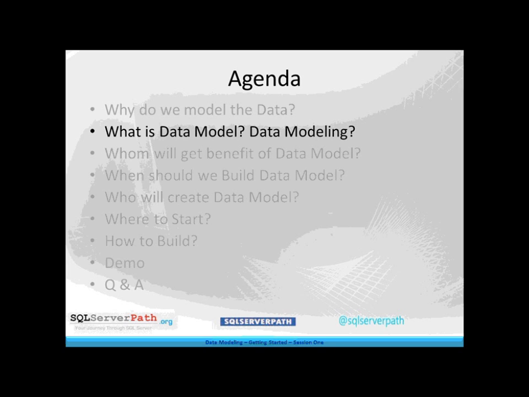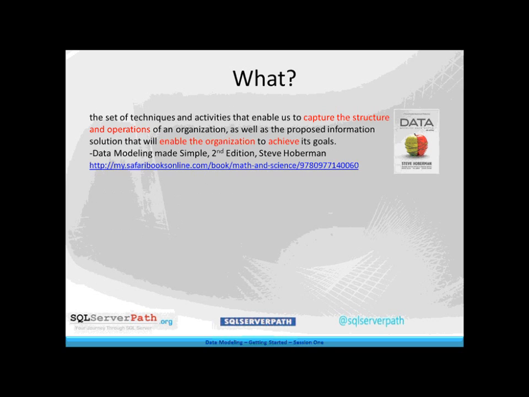But when you talk about a data model, you need to understand what perspectives you need to put on it. So, understanding data model, this definition says that, of course, as I said, it will capture the structure and operation of an organization, of a product.